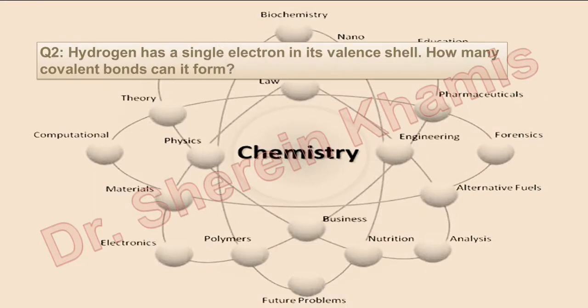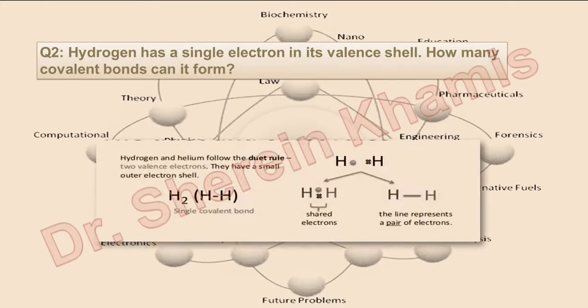Question number 2 says that hydrogen has a single electron in its valence shell. How many covalent bonds can it form? I think it's easy. Here we have the structure of helium. Hydrogen and helium follow the duet rule, as it contains 2 valence electrons. They have a small outer shell, so it will have one single covalent bond.